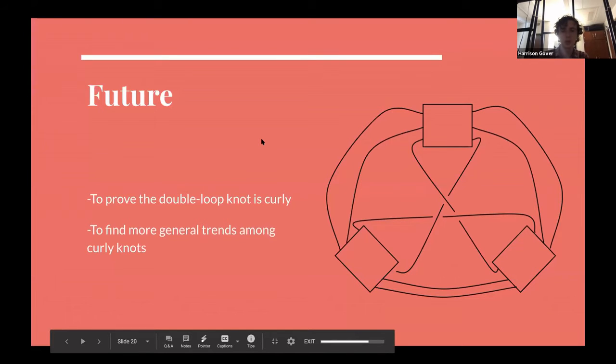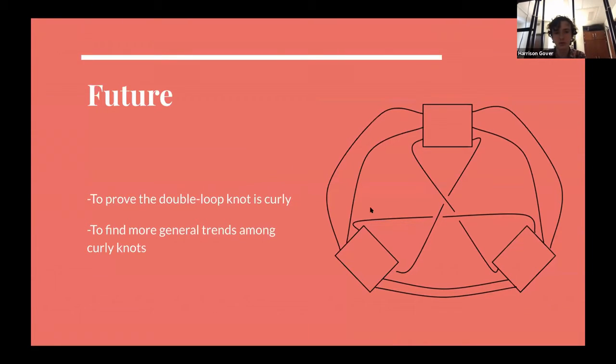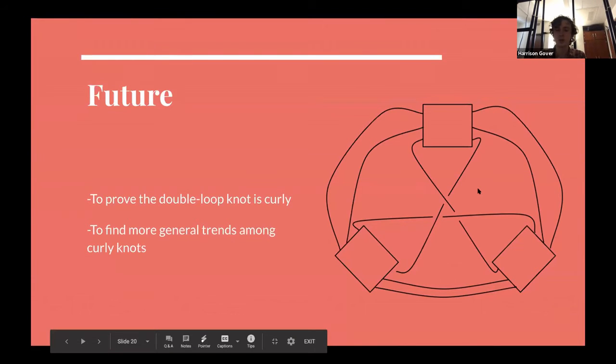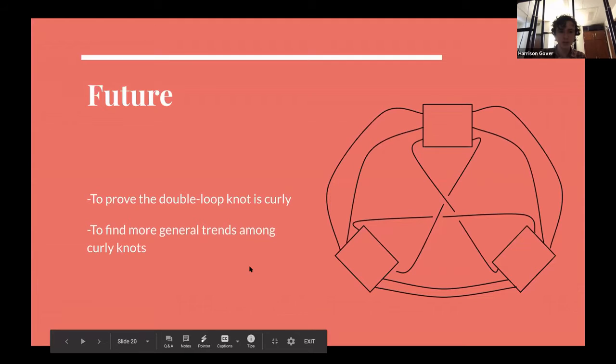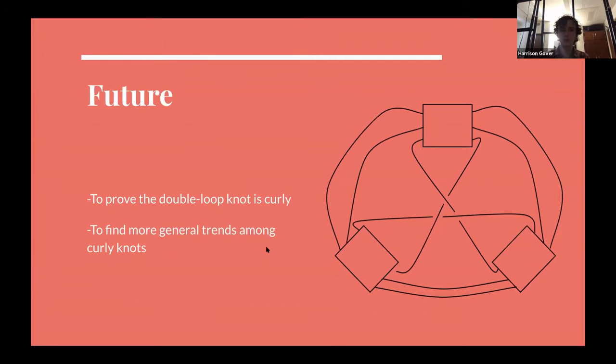So what's the future of this research? First, we need to prove that this double loop knot is curly, because we're just finishing up with the induction. The next step is to figure out this family. A bigger future behind it is to find more general trends among curly knots. For each type of diagram that we produce, we can prove in some manner that it is curly.